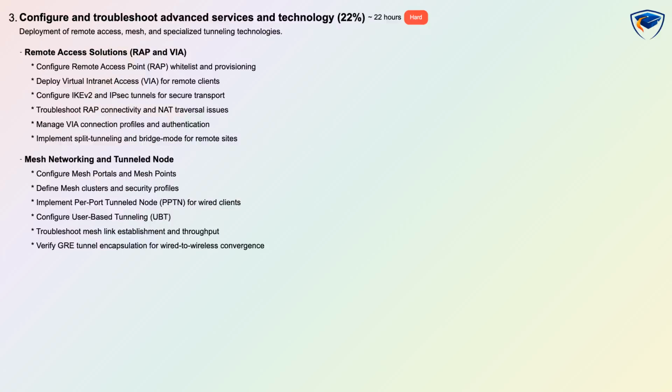You will also master mesh networking and tunneled node technologies by configuring mesh portals and mesh points, defining mesh clusters and security profiles, implementing per-port tunneled node for wired clients, configuring user-based tunneling, and verifying GRE encapsulation while troubleshooting mesh link establishment and throughput.